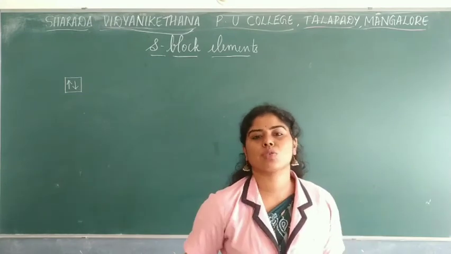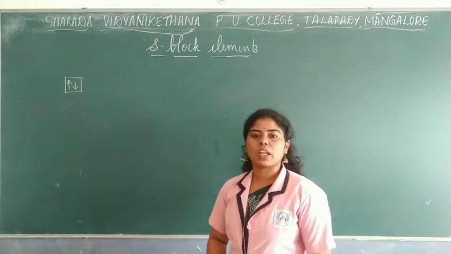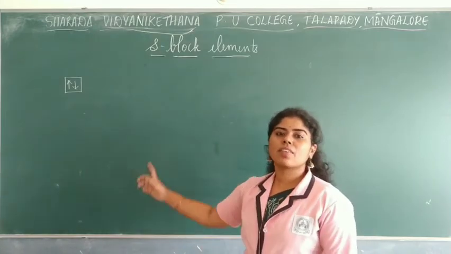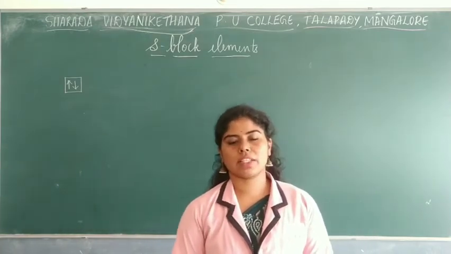Electrons occupying the S orbital are called the S block elements. If their outermost electrons are occupying the S orbital, then we call them S block elements, right?